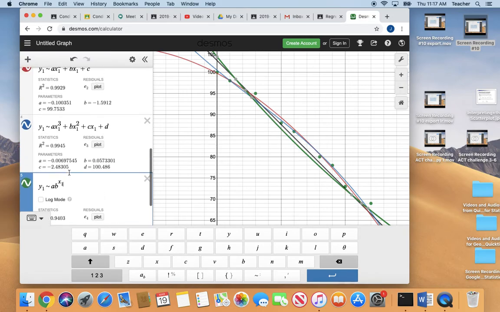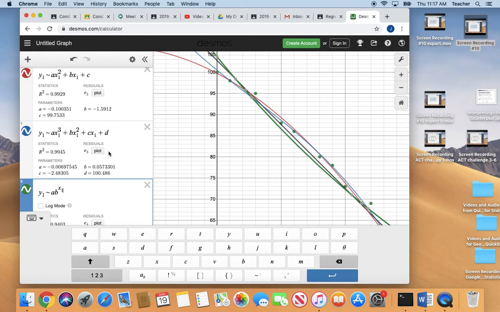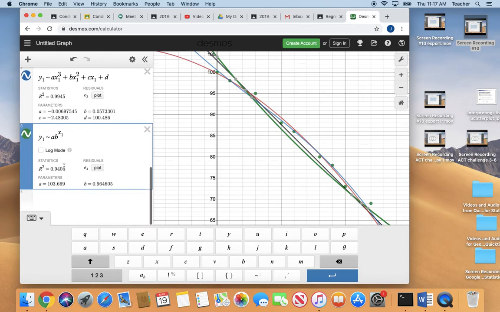So in this case our cubic model is the one that has the strongest correlation coefficient, and that's in blue. If you see this blue line, it's actually pretty close to the quadratic model anyway, because if you notice, A is really, really close to 0.